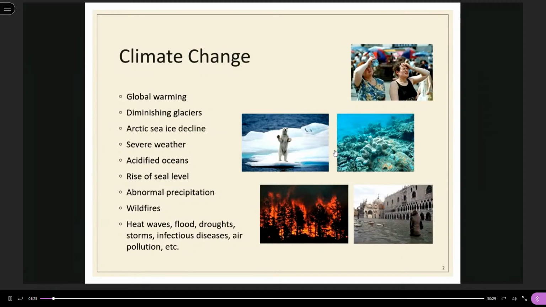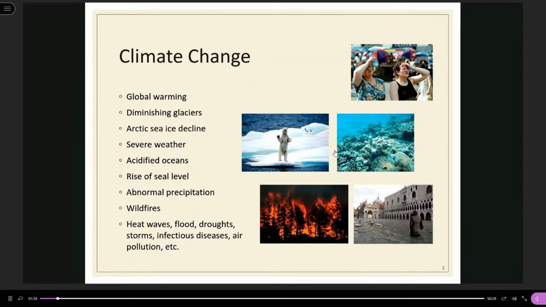Without any data, we don't need any data actually, we can feel the temperature is getting higher every year. Diminishing glaciers, the Arctic sea ice decline. We can read these from the news. And the severe weather, the acidified oceans, rise of sea level.